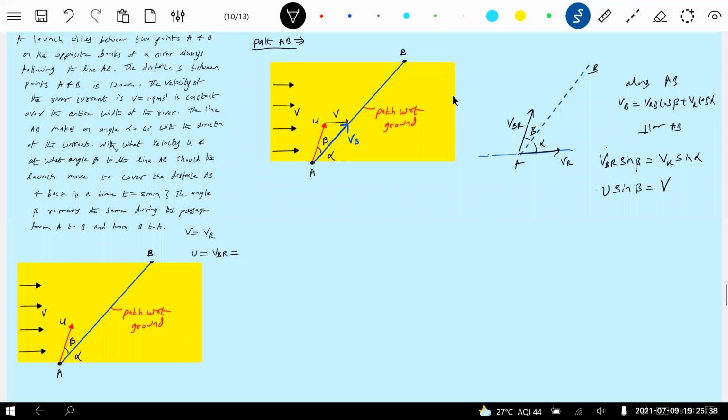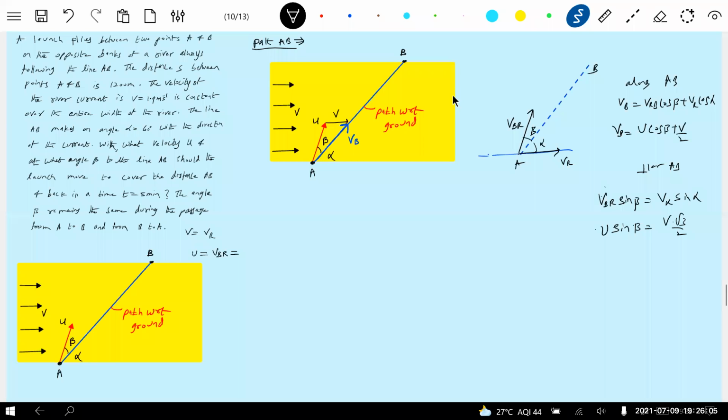V sine alpha, 60 degrees, equals U sine beta, I know it. I wanted to continue with the same symbol, but some of you will get confused. So through symbols, I'm getting into a problem. VR is V, cos alpha, cos 60 will be 1 by 2.